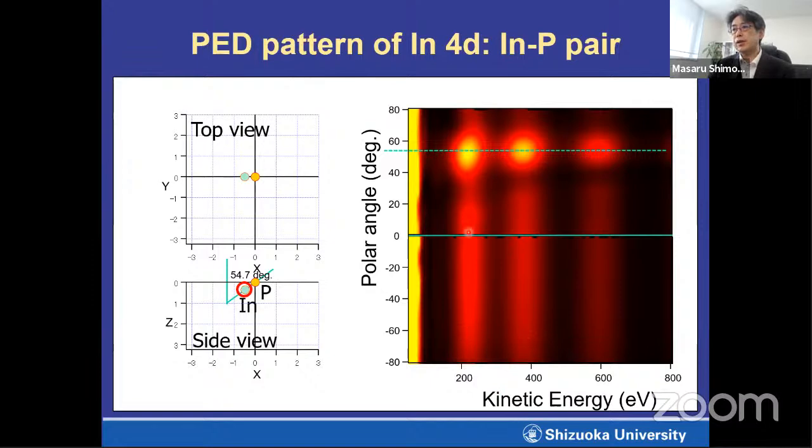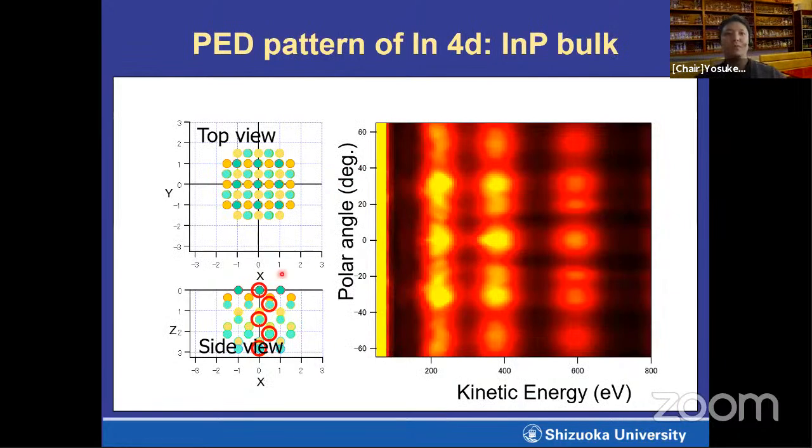It is just like EXAFS, extended X-ray absorption fine structure. So we can obtain the information of the bond length and also geometrical information at the same time with this photoelectron diffraction.